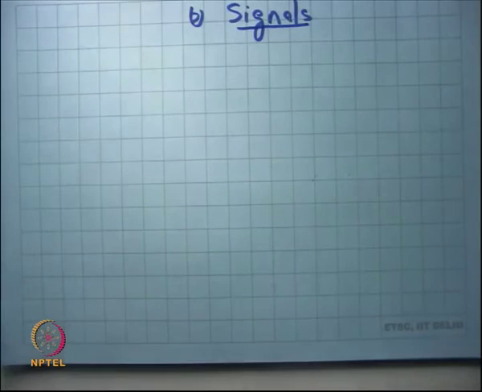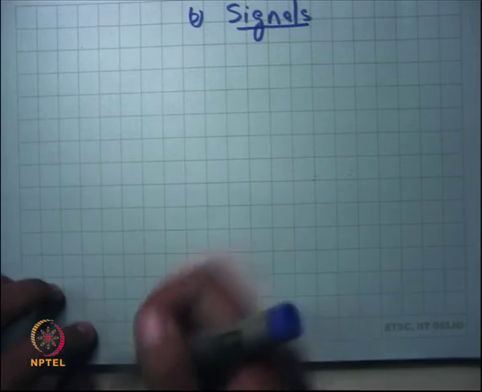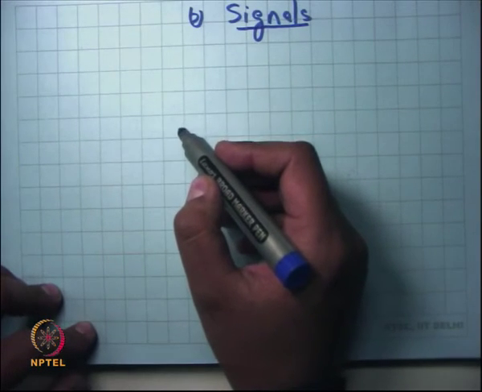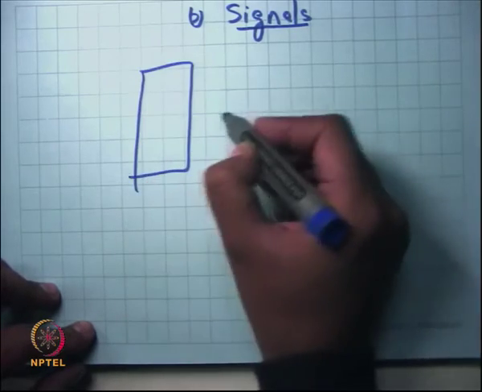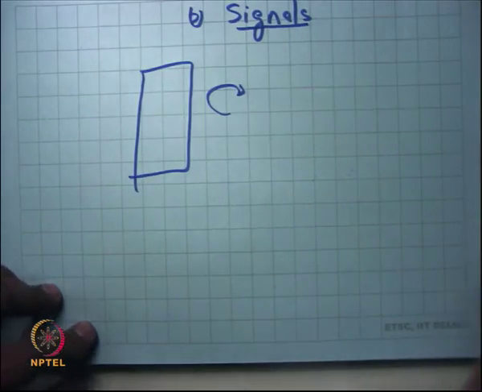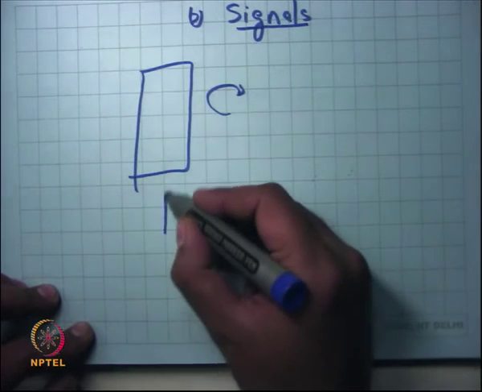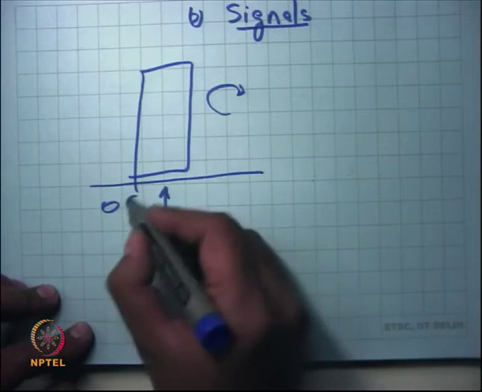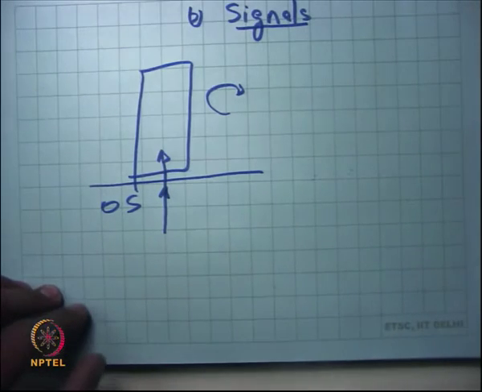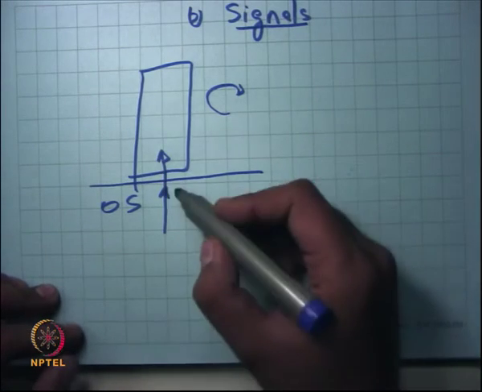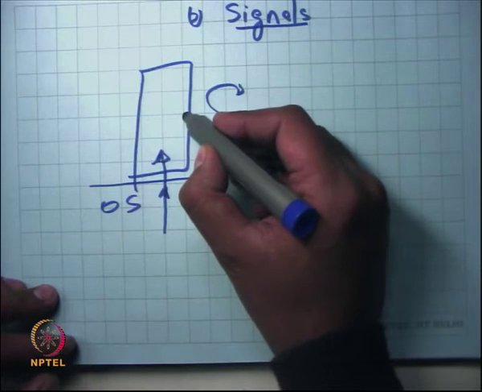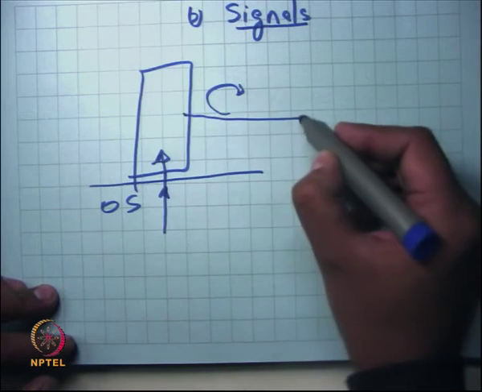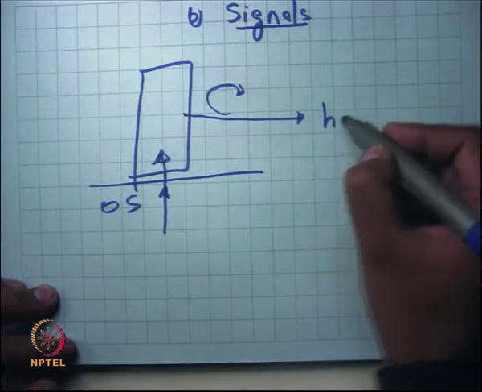So a process is signaled with a certain signal, and the semantics of a signal is that it amounts to an asynchronous function call. Let's say this is a process which is running, and now the OS wants to raise a signal. The semantics of a signal is that it will interrupt the current execution of the process and make a function call to the signal handler.